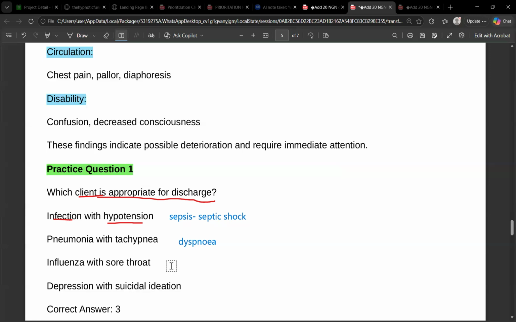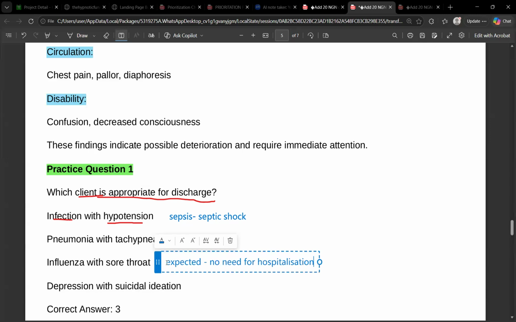No, the client needs antiviral therapy, and can even take the antivirals at home itself. There is no need for hospitalization, so we can discharge this client.